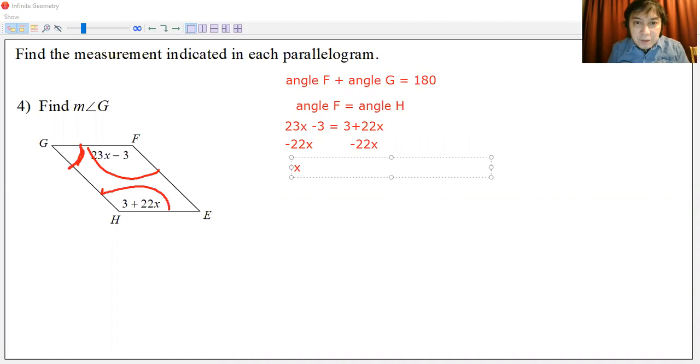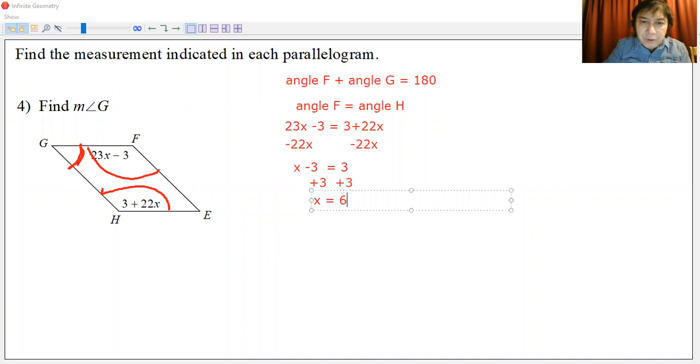Next line is just x minus 3 is equal to 3. And by way of addition, add 3 to both sides. And we shall get the next line, x equal to 6. So x is equal to 6.